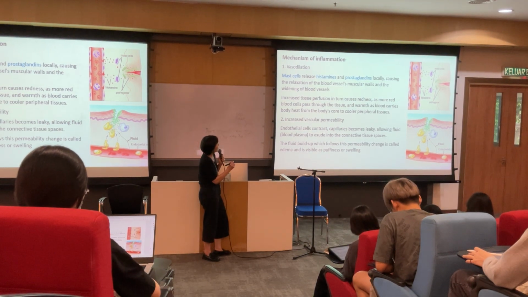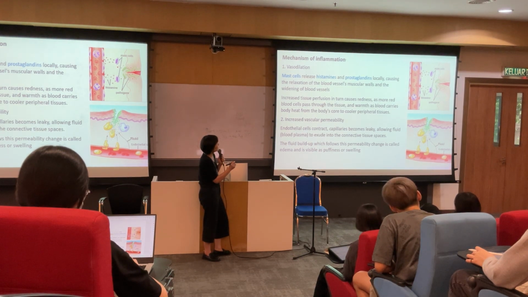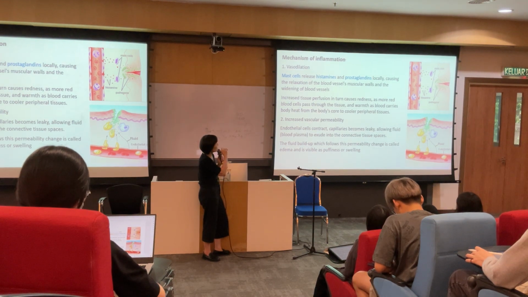And also some of the blood may be leaking out, and a lot of blood will accumulate here. So you see the redness, and you also feel it very warm here because of the dilation of the blood vessel, with more blood coming to these regions.